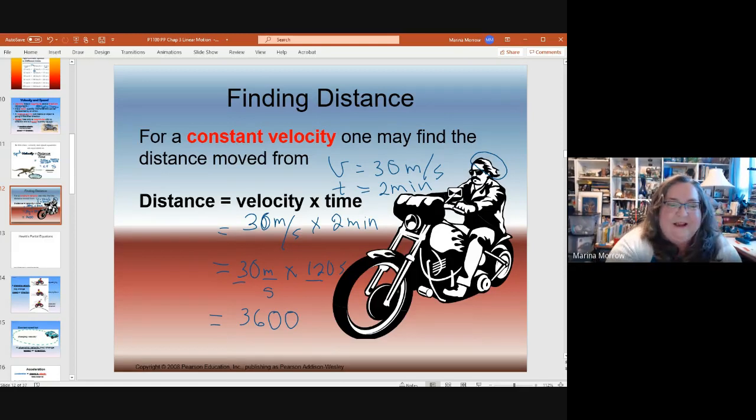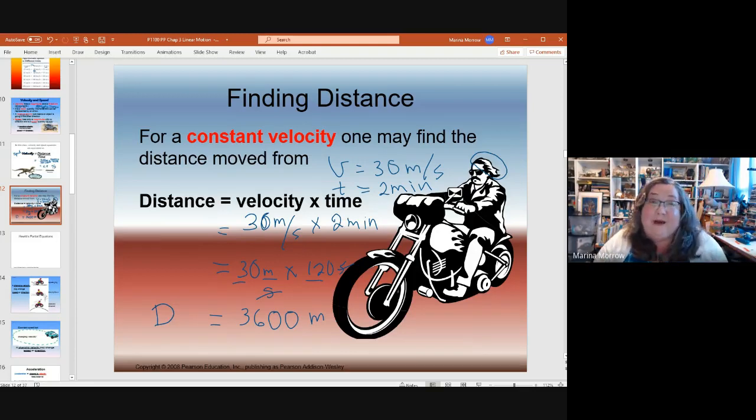Okay, so the seconds cancel the seconds, and all I'm left with is meters. And again, when you are doing a problem, you should expect that the units will come out correctly. You put in the correct units, and you'll get out the correct units. Okay, so for distance, it always is a length, which should be in meters usually.